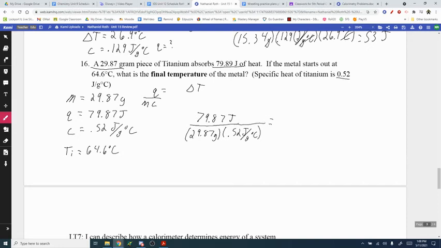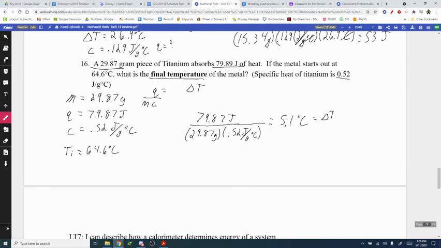And for that, we get 5.1 degrees Celsius.